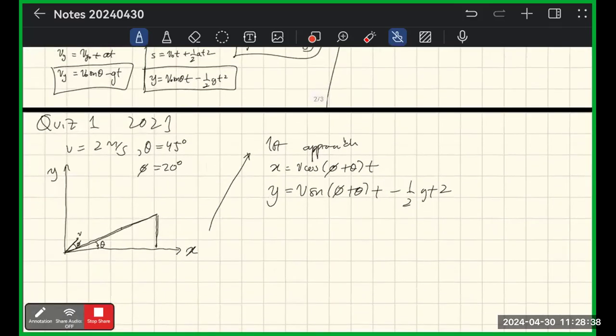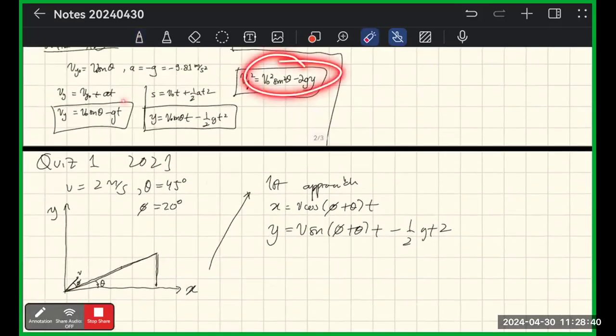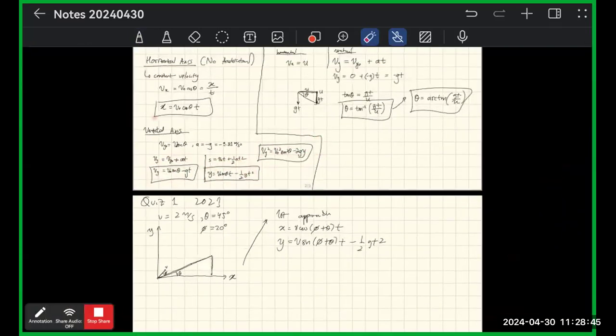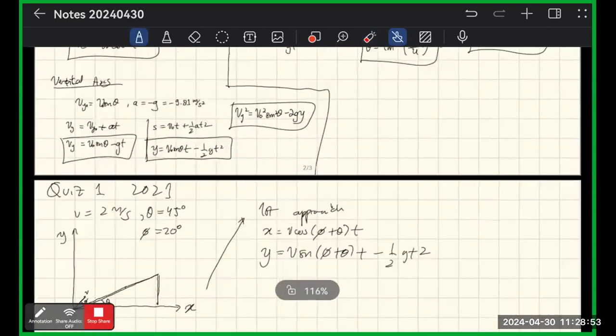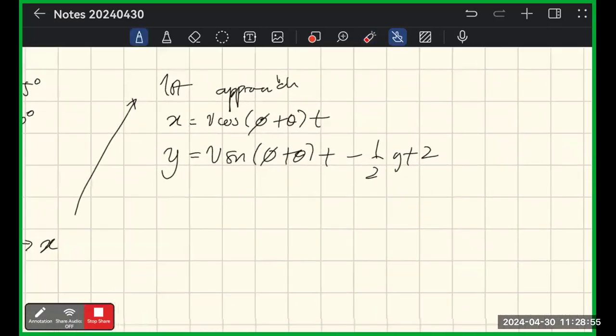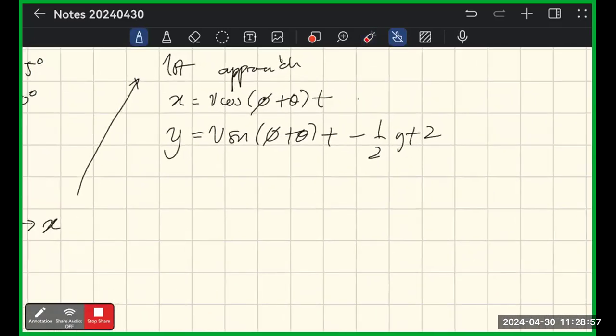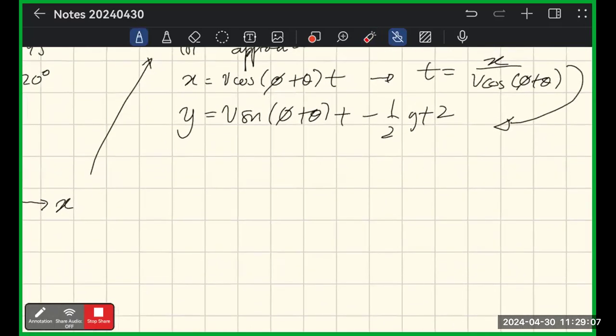We still have these three equations, but most of the time you only need to write down these two, which are the most used in parabolic motion. From this, we can get that t is x over v cos of phi plus theta, and then we just plug this time into the second equation.